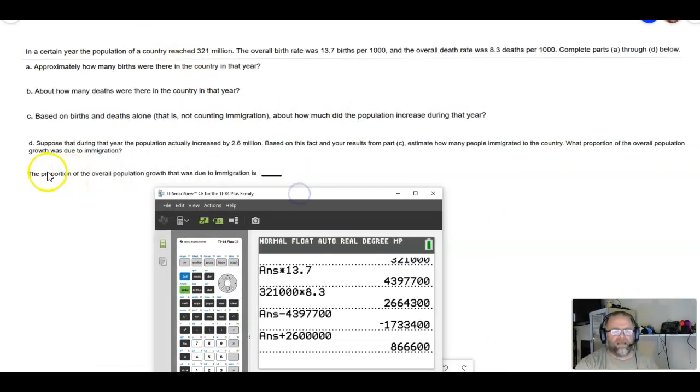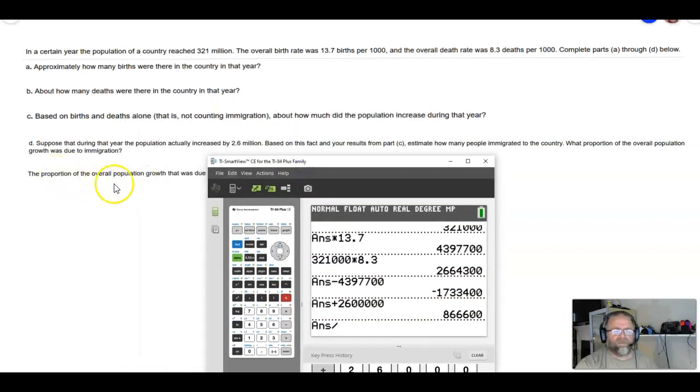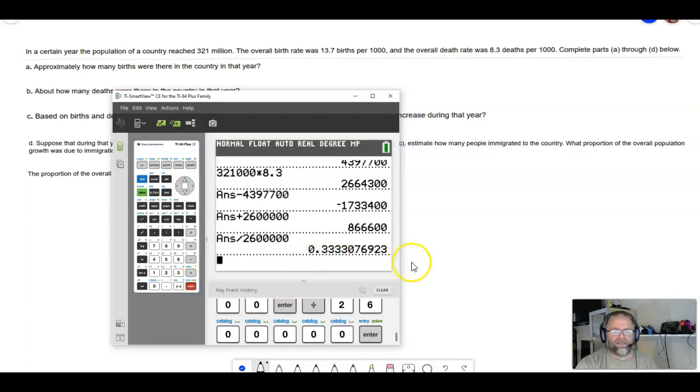All right, and the last part says the proportion of the overall population growth that was due to immigration is, well, the part that was from immigration is this. So we're going to divide that by the total amount of the population growth, which was 2,600,000. And that will give us a decimal, 0.3333.